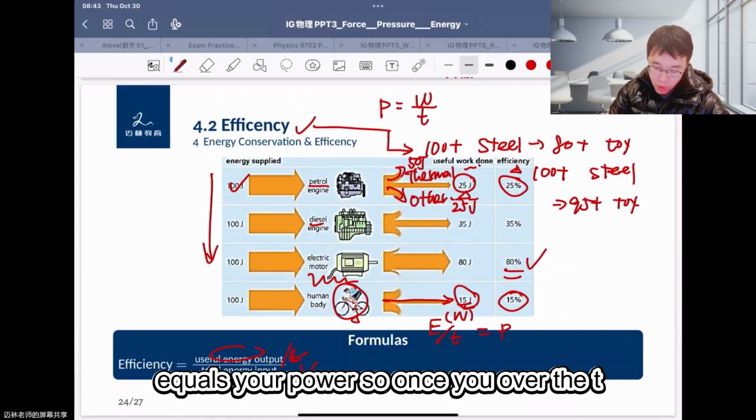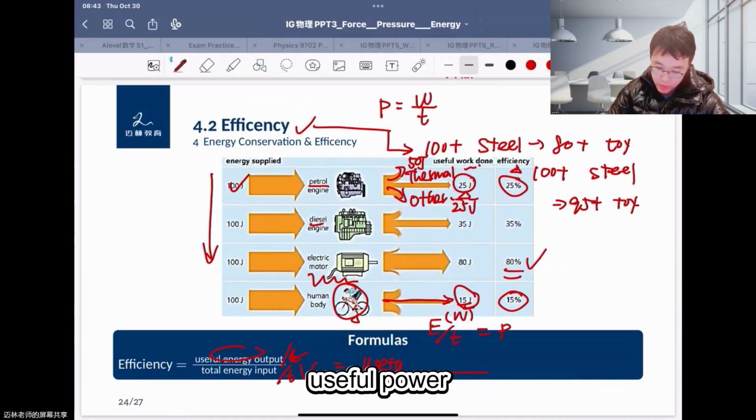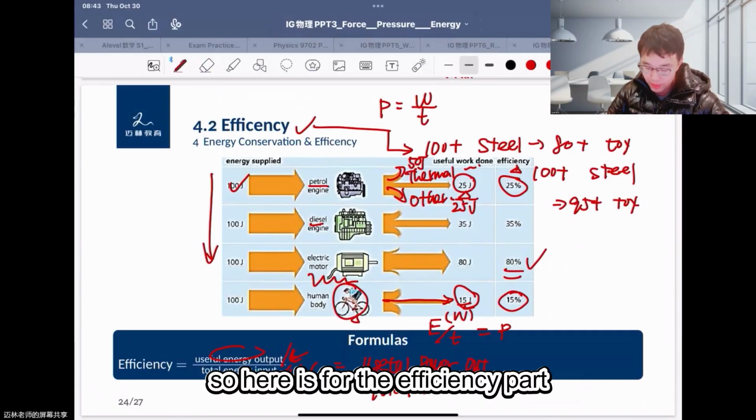So once you divide by t at the top and the bottom, it becomes useful power output over total power.